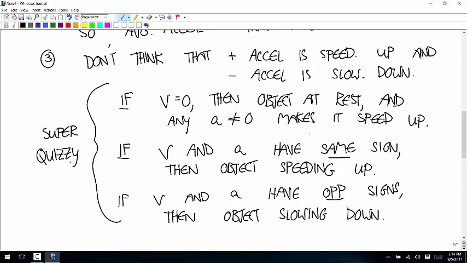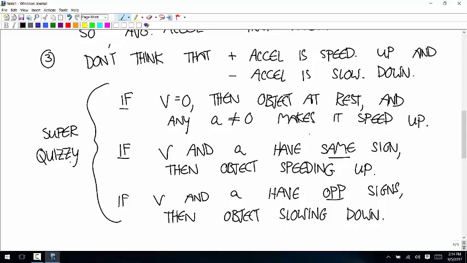So let's say that we'll call up the positive direction. So if it's going down, what's the sign of the velocity? Negative. So it's speeding up, and it has a negative velocity. So what does the acceleration sign have to be? Negative. If it's speeding up, the signs have to be the same. So we know that the acceleration has to have a negative sign.